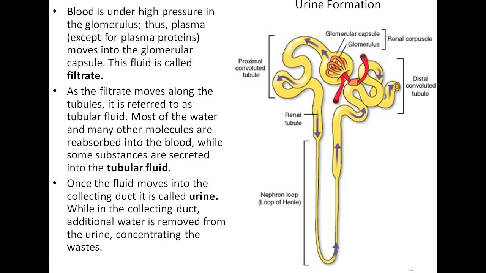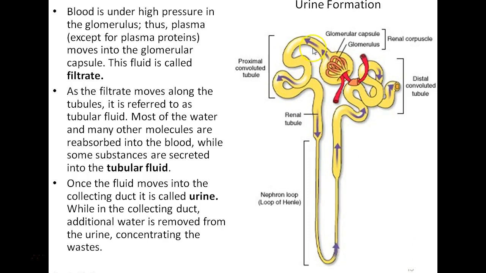This slide serves to show urine formation. The idea is that this blood is under high pressure in the glomerulus. Thus plasma, that stuff that's part of blood, moves into the glomerular capsule, and we call this filtrate. The only thing that stays behind are some larger plasma proteins. So we're talking about this region here.